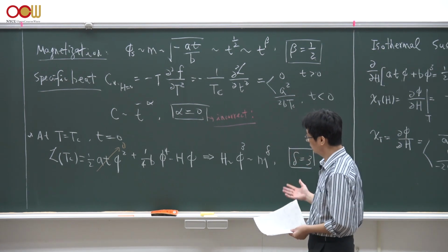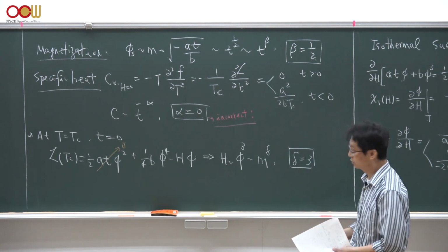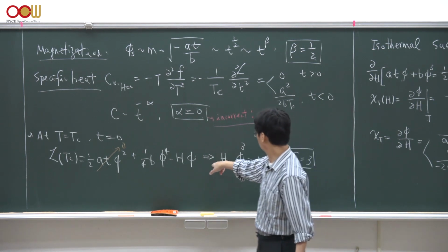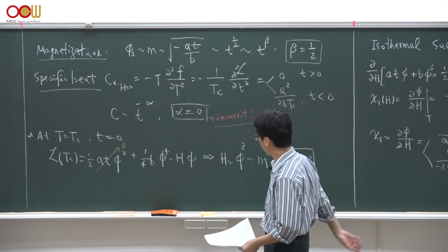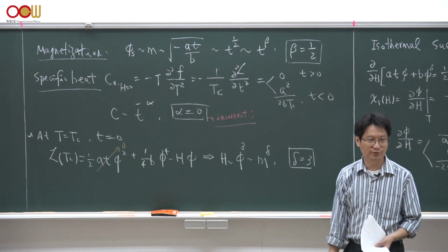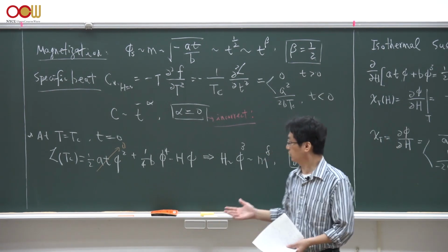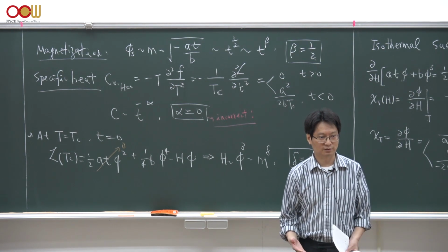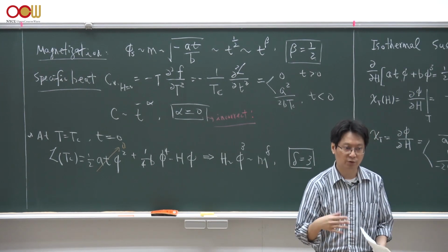When little t is 0, the external field behaves as the order parameter to the power delta, and in this case delta is 3, so you can very easily see the dependence of h on phi. So we get everything that we got before. But this is not surprising because we constructed this Landau's free energy precisely based on what we had from the Ising model calculation. So this is just a slight generalization of what we have done.